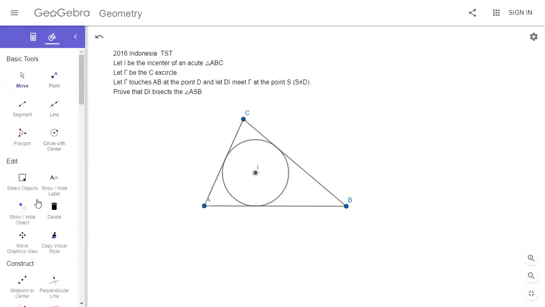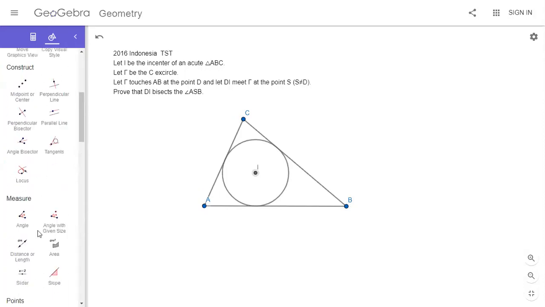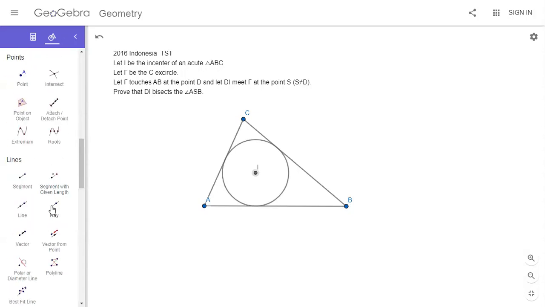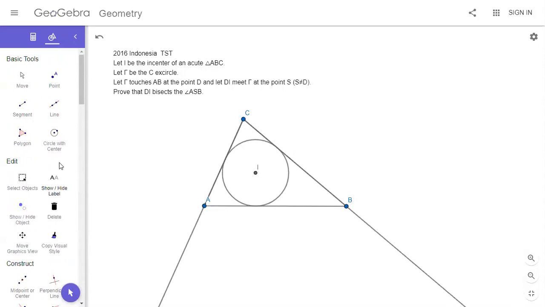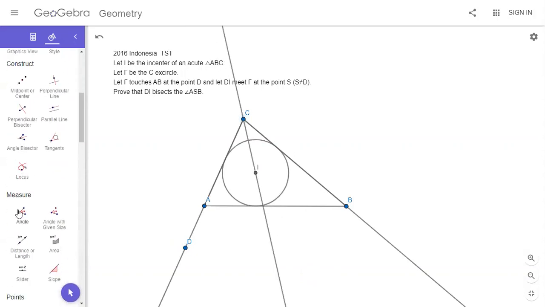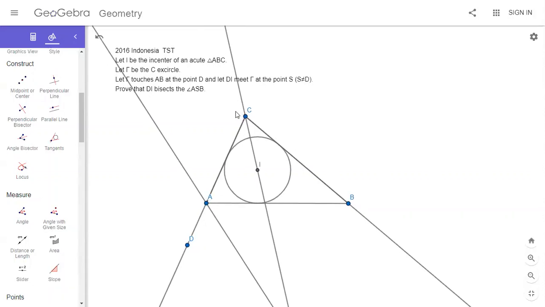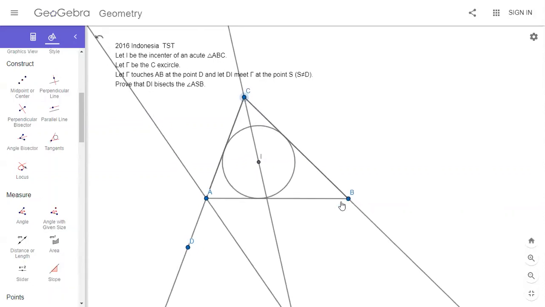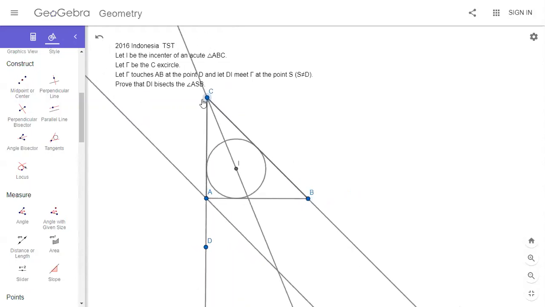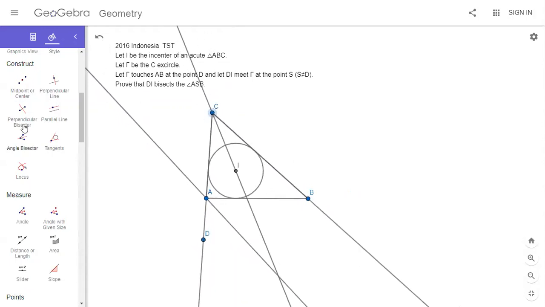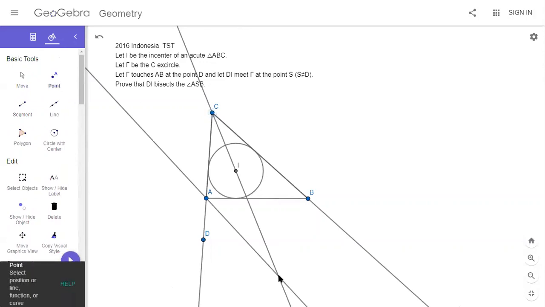And now I'm going to try to draw the X circle. I'm going to draw some angle bisectors to get the X center, and then I'm going to erase some stuff. X circles are always harder with GeoGebra just because they take more space.